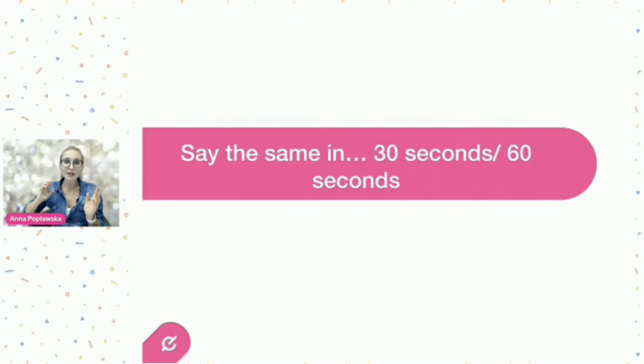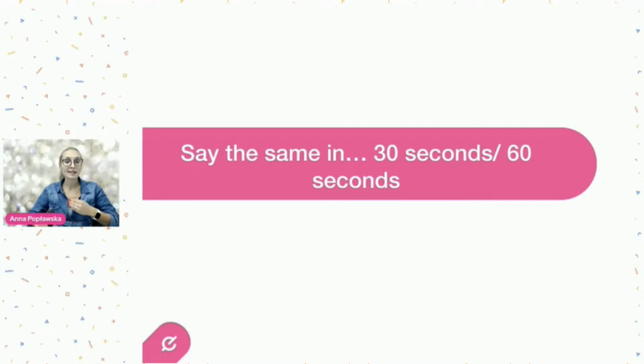Also, you can use time in a different way in a speaking exercise. For example, you can conduct a speaking exercise and say the same in, for example, 30 seconds or 60 seconds. So let's say that your students answered a question in 30 seconds or in 60 seconds.